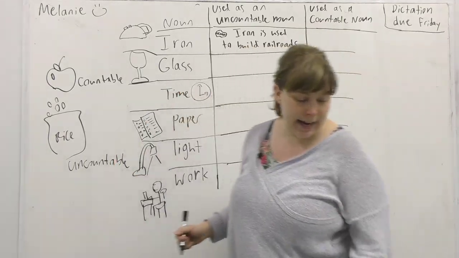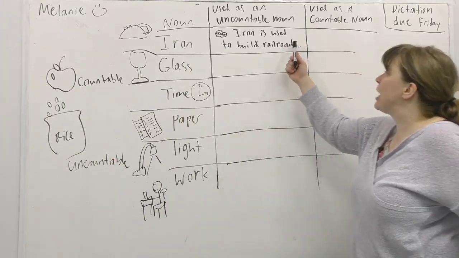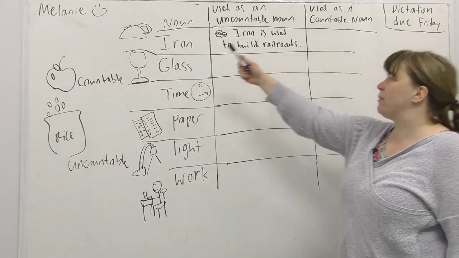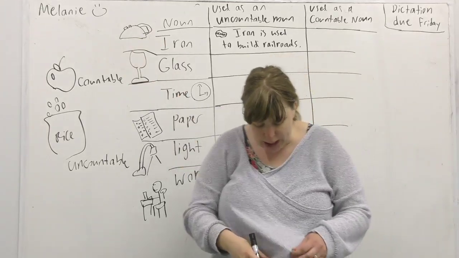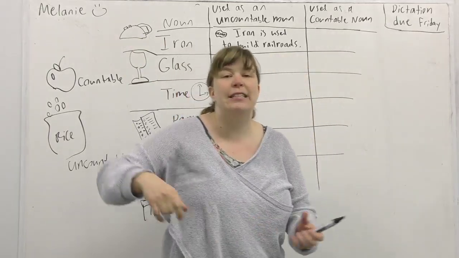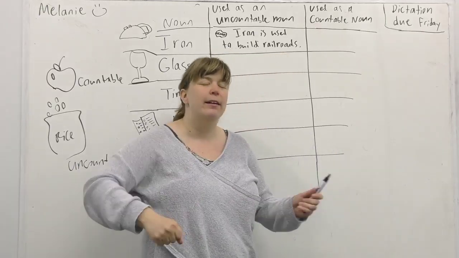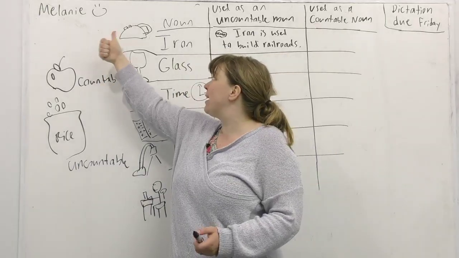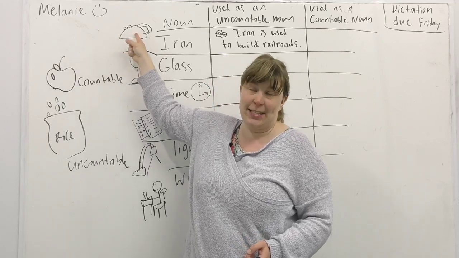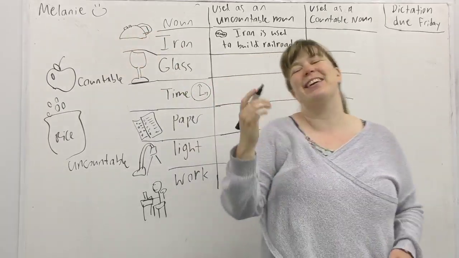Okie dokie. Now, what about when we are talking about the appliance? If your sheet's wrinkly, you're gonna need to use an iron. See, notice how I used an? Because if you're talking about the electrical appliance, this is an iron, believe me, then they are countable.